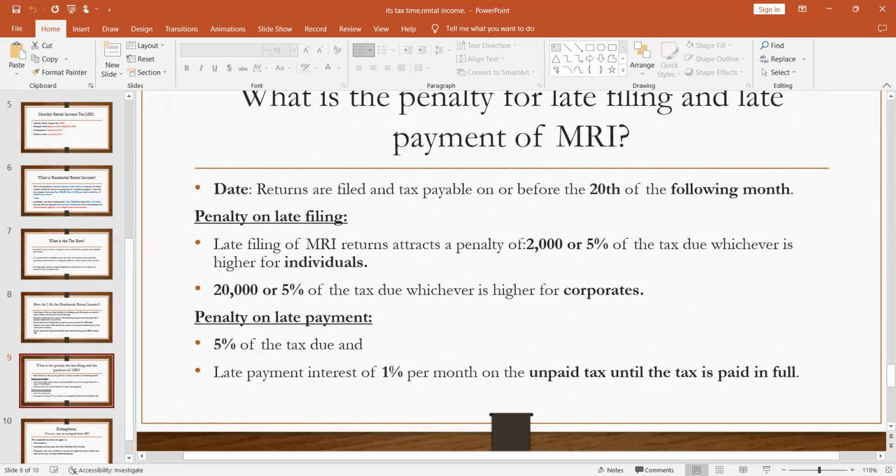So this one will be more of an incremental charge. Every month we take 1% of that amount and add it to the 5%. Another month, the total of that plus 1% is added to that. So it will be accumulative in nature.